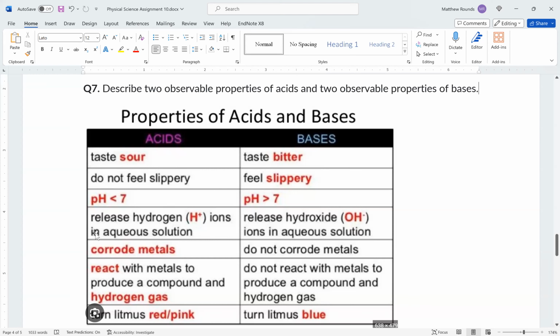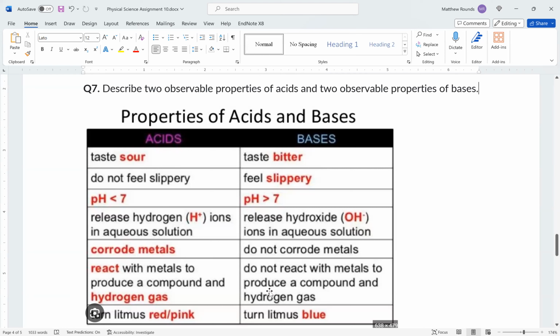So these are the properties. Now, observable is, we got to be careful there. Observable would be like taste, feel, slippery. Corroding metals, or does not corrode metals. There's this litmus test that you can do.